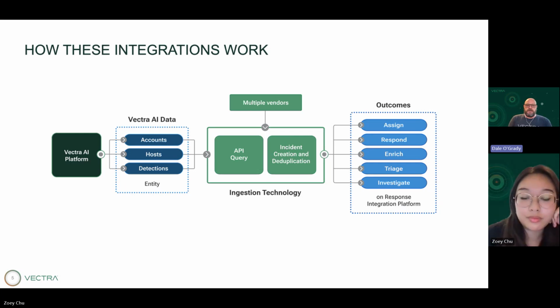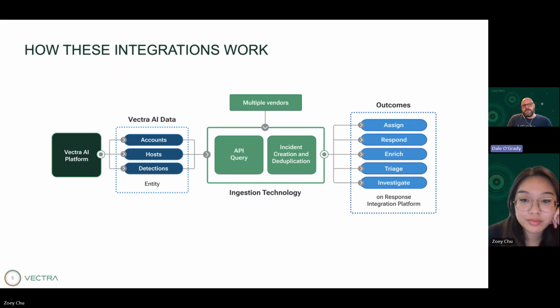We want to get information on those entities so that the operator can define the conditions for creating an incident. And in the Vectra world, we've gone to great pains to use our attack signal intelligence to essentially prioritize an entity. We've already attributed the detections to it. We've already scored it.